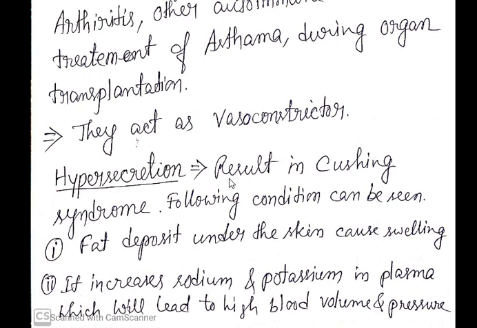Vasoconstrictor means it can shrink or reduce the diameter or the lumen of the blood vessel. If the diameter of the lumen is decreased, as a result the pressure can be increased. So because it's a vasoconstrictor, it can counter the fall in blood pressure.